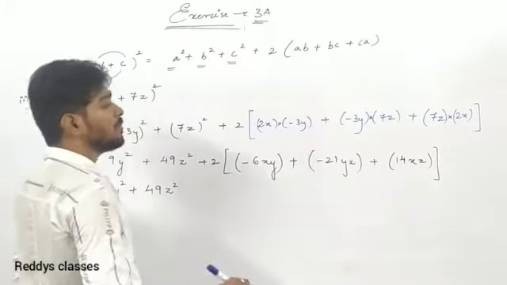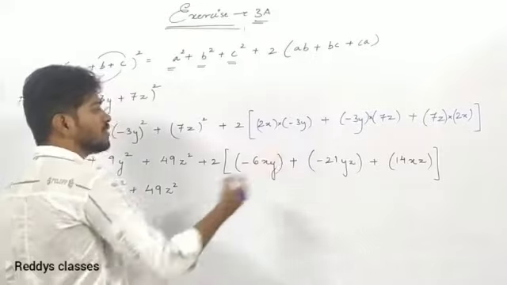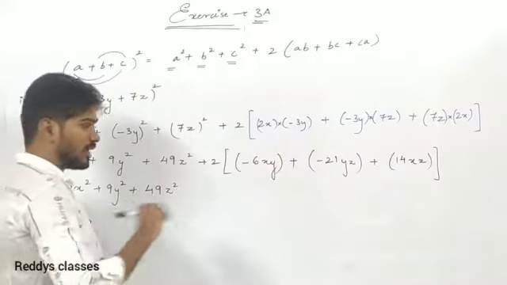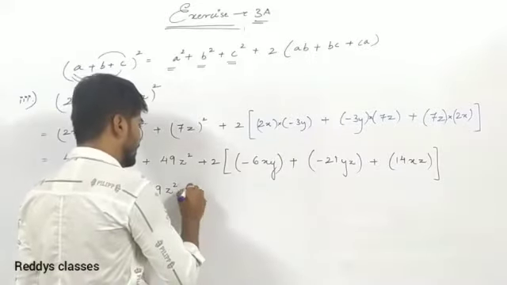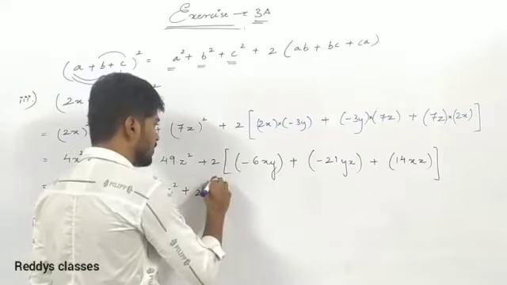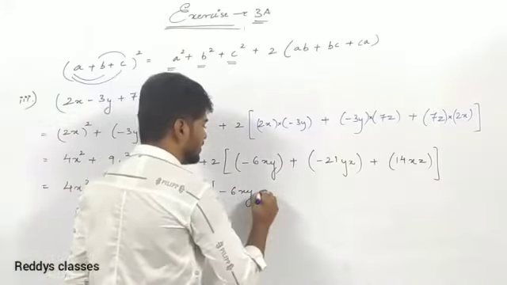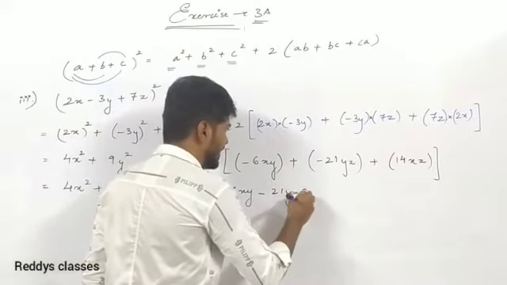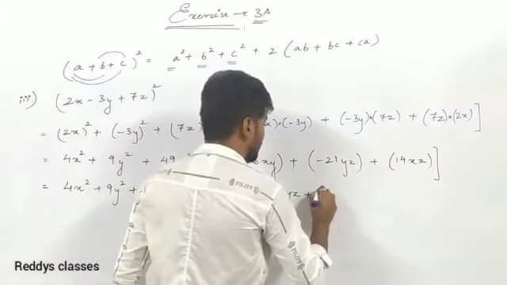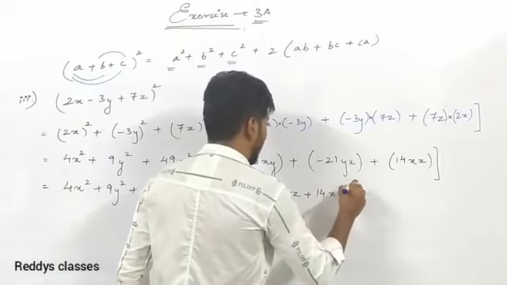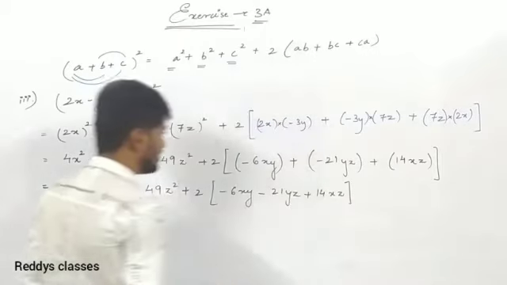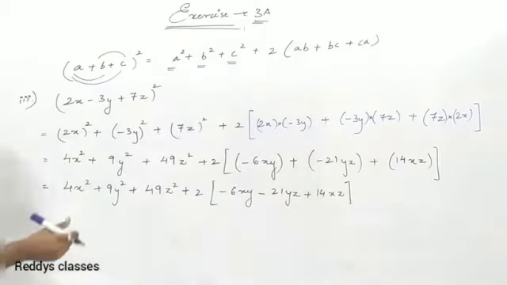So what I am going to do is, now let us remove all the brackets. The sign will become like this: 2 bracket minus 6xy plus minus 21yz plus 14xz. We have this. Okay, I am improving the equation so that you know how the equation is solved.